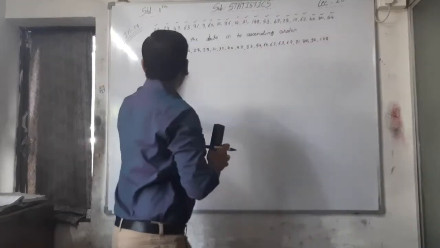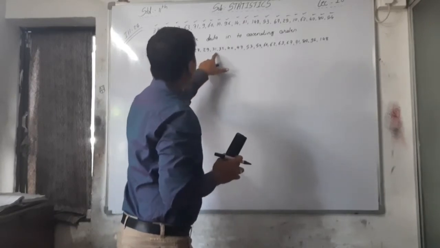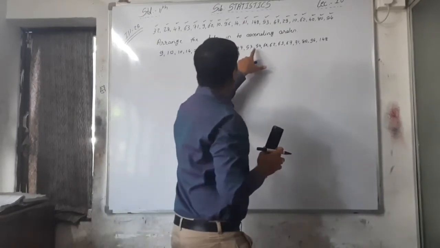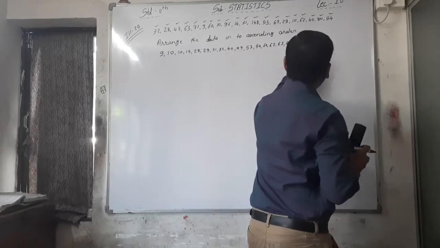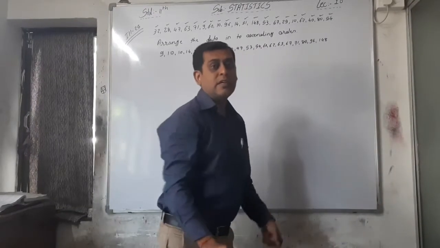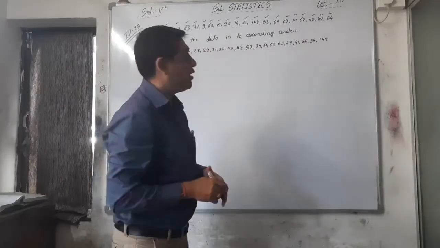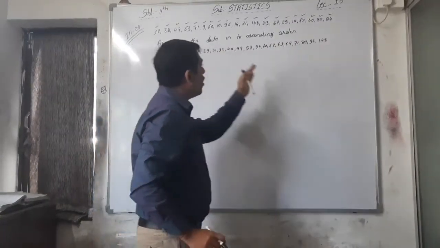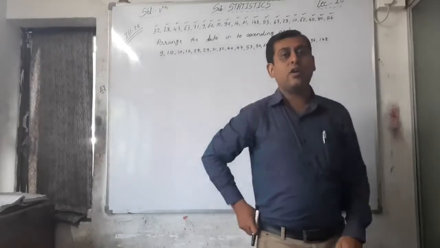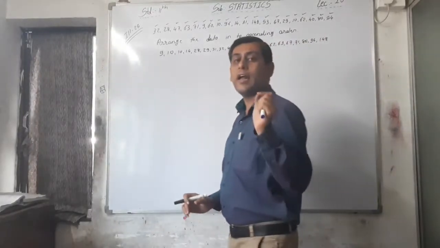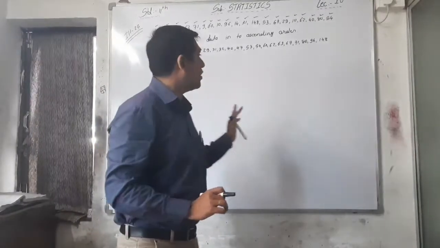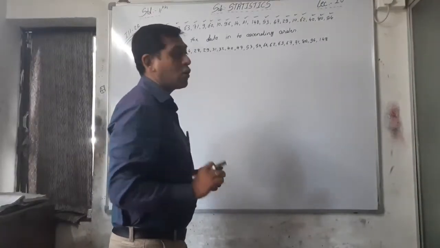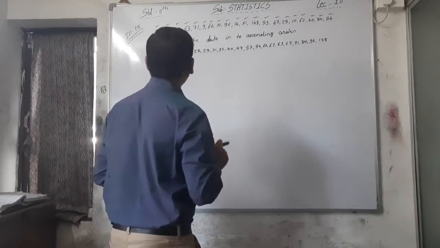See the total: 1, 2, 3, 4, 5, 6, 7, 8, 9, 10, 11, 12, 13, 14, 15, 16, 17, 18, 19 and 20. See it carefully. If you arrange all the data into ascending order, then you can find the quartile, decile and percentile.